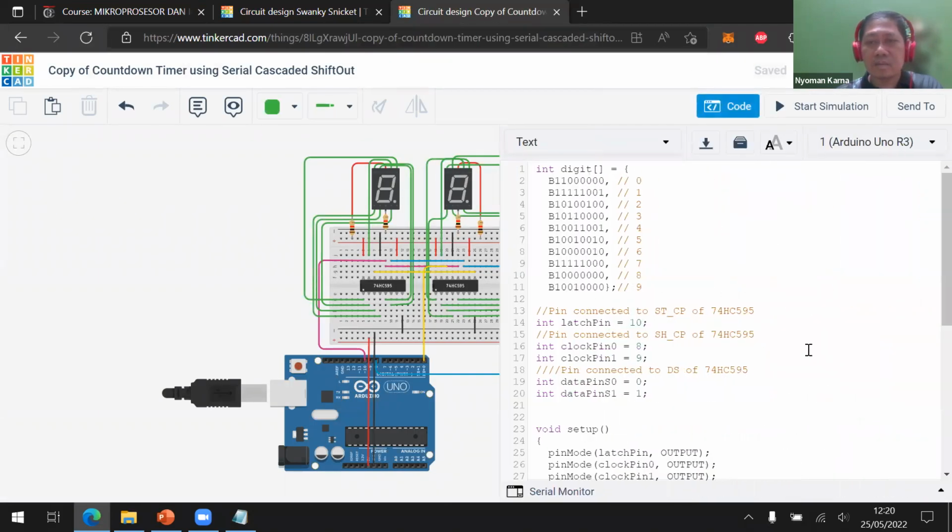Yeah, let's try to do the code. It's using the array.